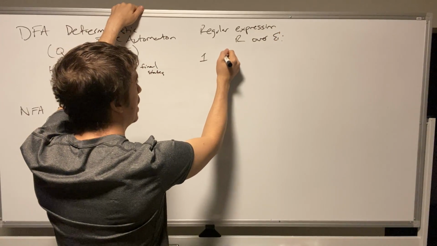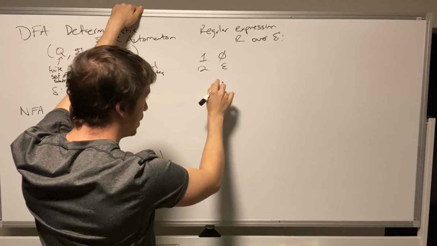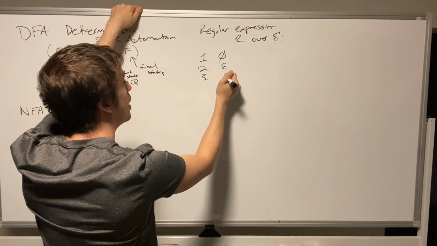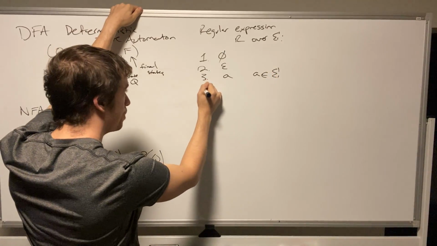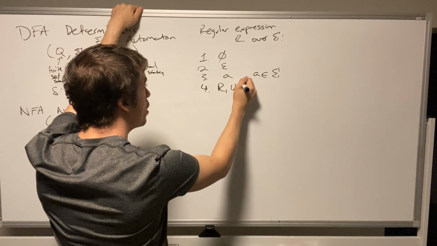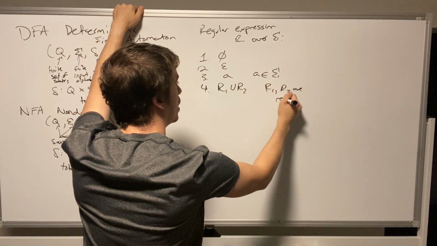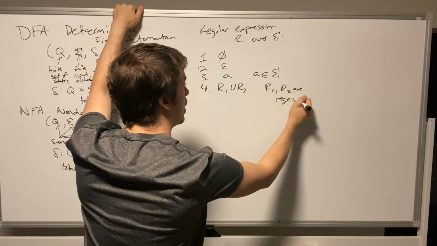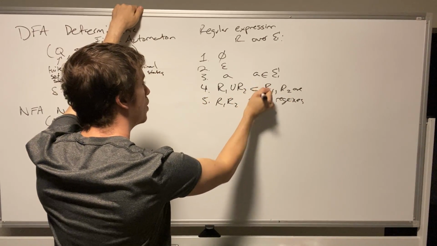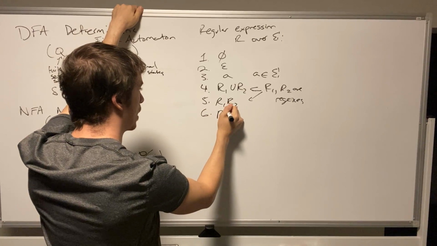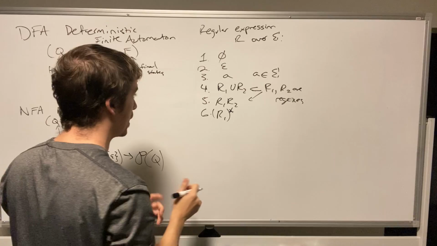So this is either the empty set, that's one case, just the empty string, just epsilon here, a single character for any character in the input alphabet, the union of 2 smaller guys, so R1, R2 are regexes, the concatenation of 2 smaller guys, or the star of one guy. Okay, and it must be one of those 6 types.